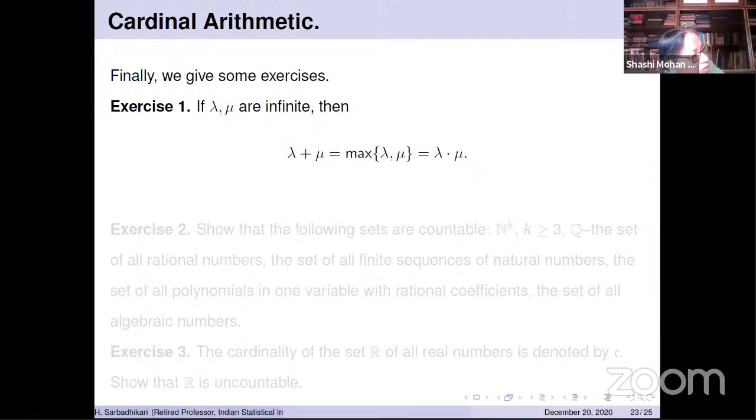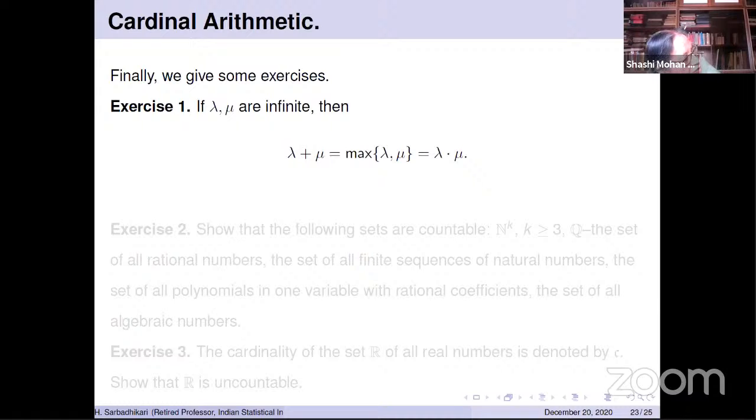No. First of all, let us keep class aside for the time being. You see, Vivek will teach you and he will give you a set corresponding to each cardinal. Like he gave for n: 0, 1, ..., n minus 1.